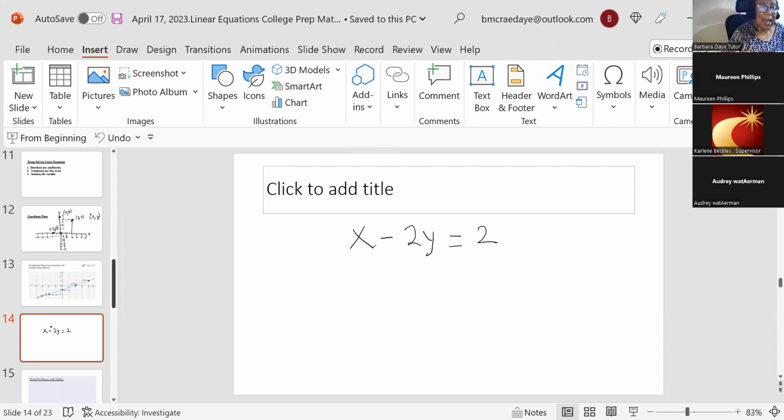Now, we can calculate these values, right? Let me just put here x and then y.